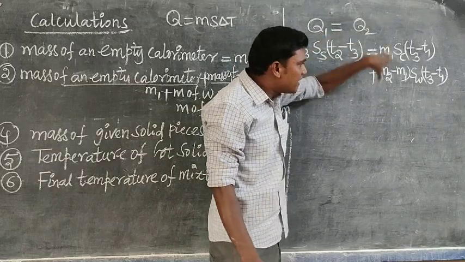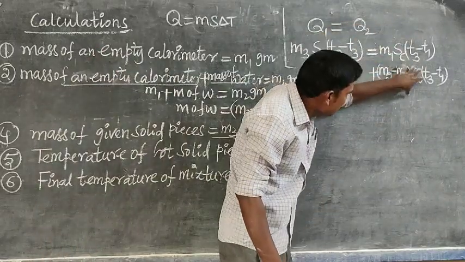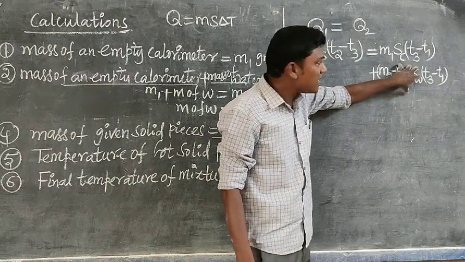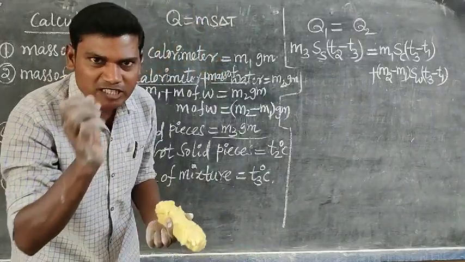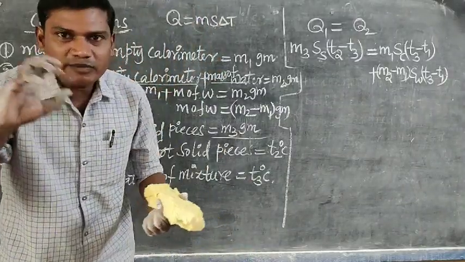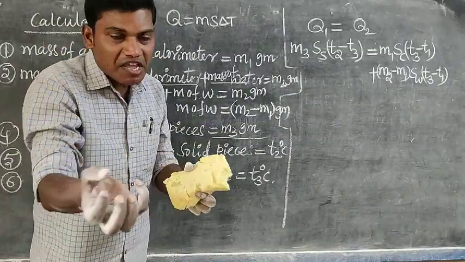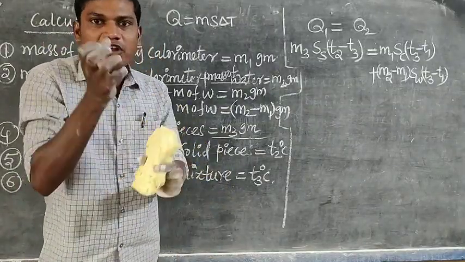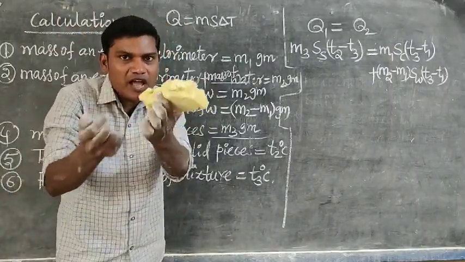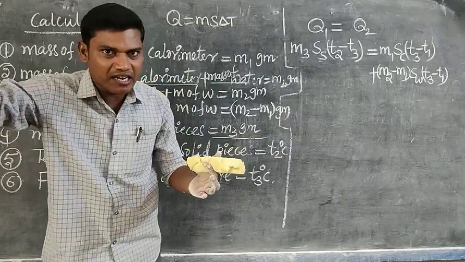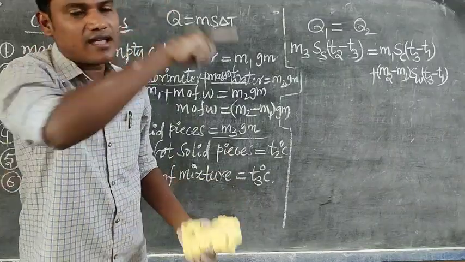Q2 is the heat energy taken or gained by the calorimeter and water separately. Why do we consider the two separately? I said very clearly: copper's specific heat and water's specific heat are different. Copper will absorb heat energy very fast compared to the water due to the lesser specific heat. The final temperature is constant, but the absorbed heat energy is different due to the specific heat capacity.